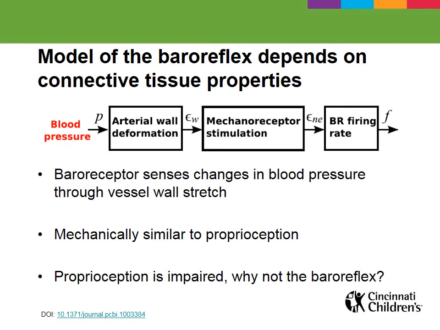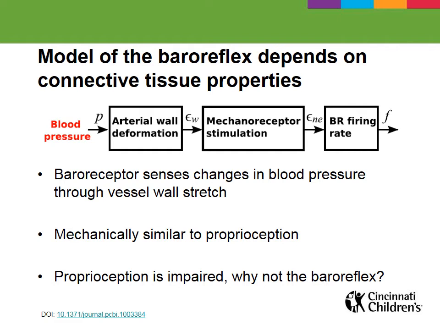So what we understand from this study on autonomic dysfunction is that there's decreased central responsiveness and increased peripheral sympathetic activation. And one of the structures that we have to look at in interpreting this data is the baroreceptor.